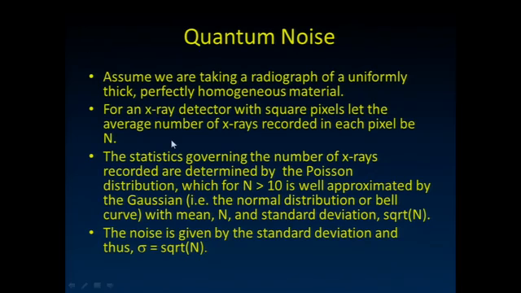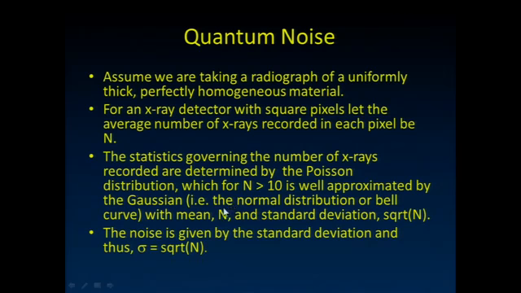It turns out that the statistics that govern whether an X-ray makes it through an object or not is governed by something called the Poisson distribution. And that's very nicely approximated by the Gaussian or the normal curve, the bell curve, once we get up above a mean of about 10. And certainly most of our X-ray images have more than 10 X-rays per pixel, so that approximation suffices.